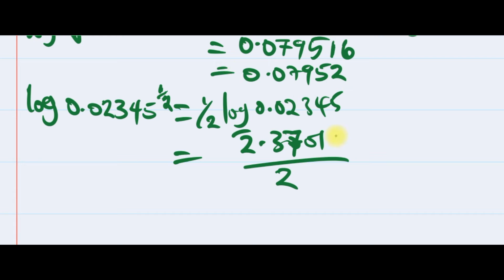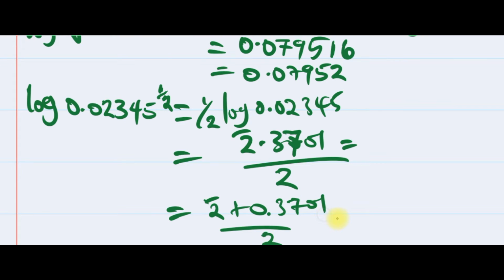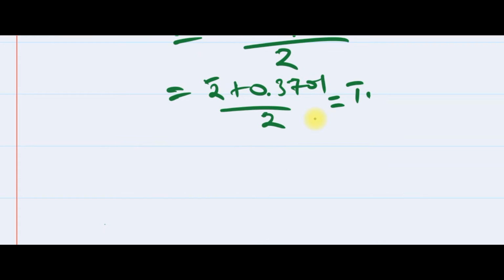Okay, to solve this is easier compared to the next one, but I will still solve something like this. Here the nth root will be greater than 2, so you will learn something new again. So we can split this as bar 2, minus 2 plus 0.3701 over 2. And we know minus 2 over 2 is minus 1, which is bar 1.